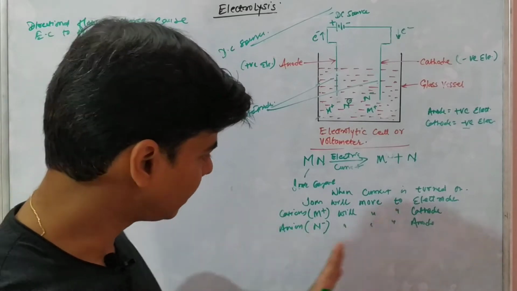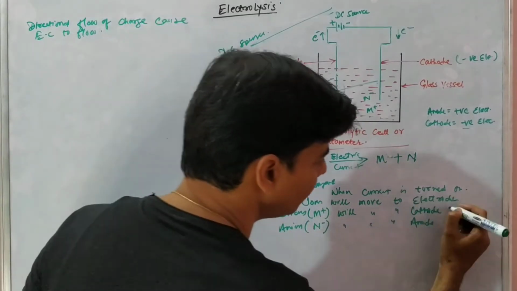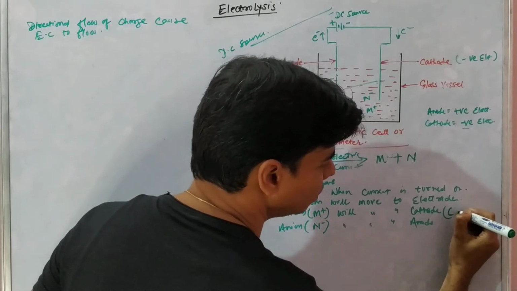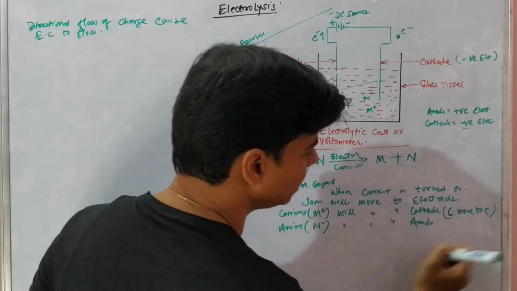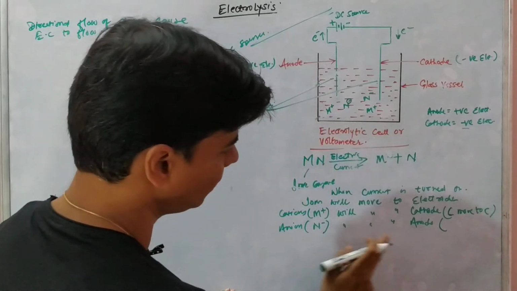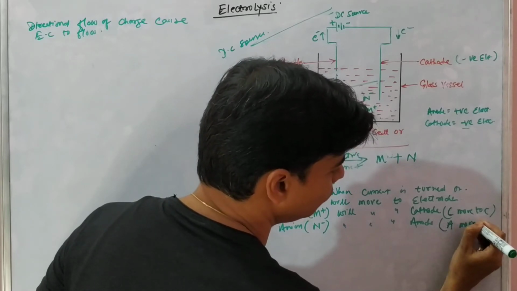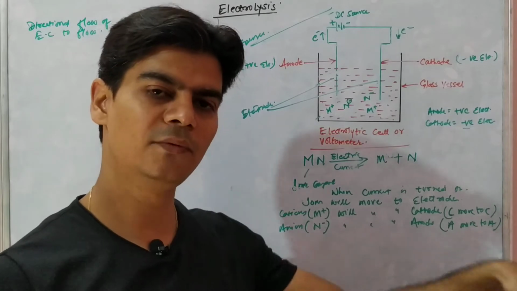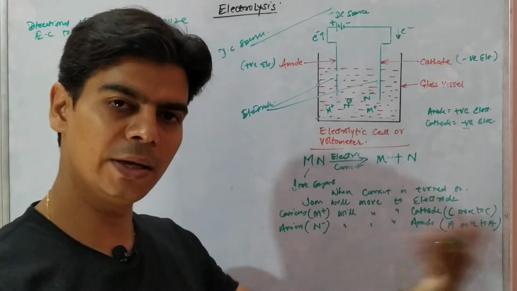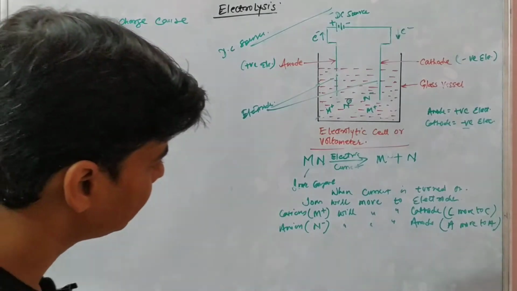We can remember this by: cations will move to cathode, C will move to C, and anions will move to anode, A will move to A. C to C, A to A. This is the way you can remember it easily.